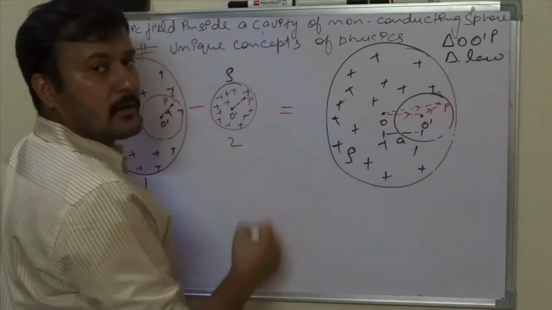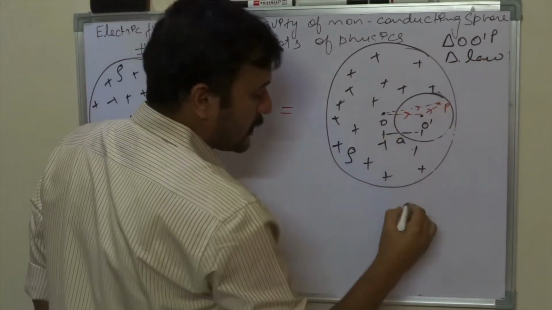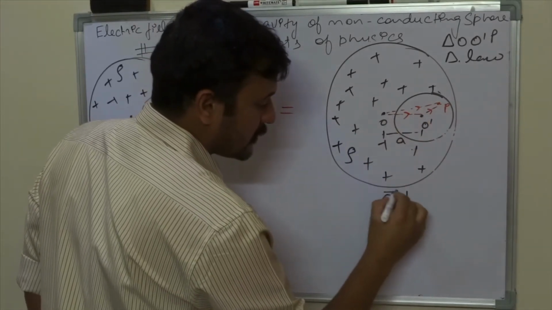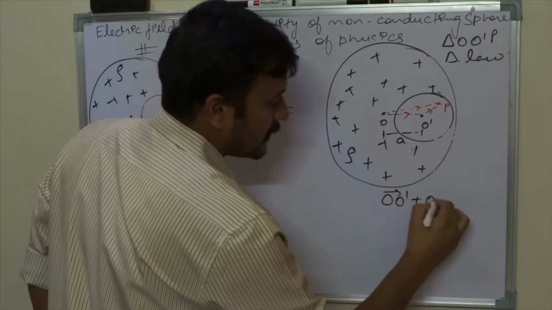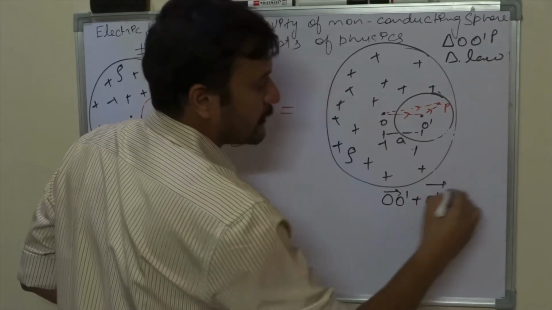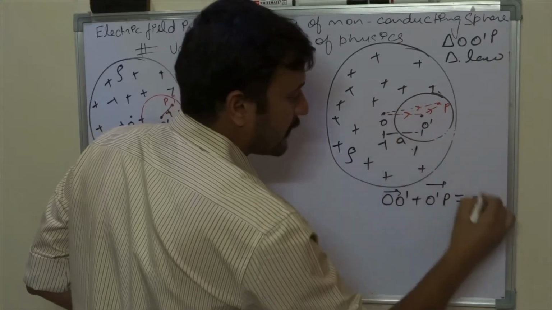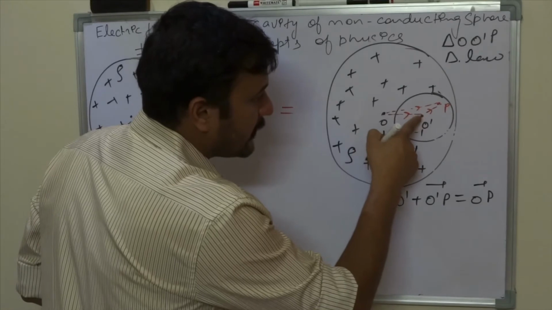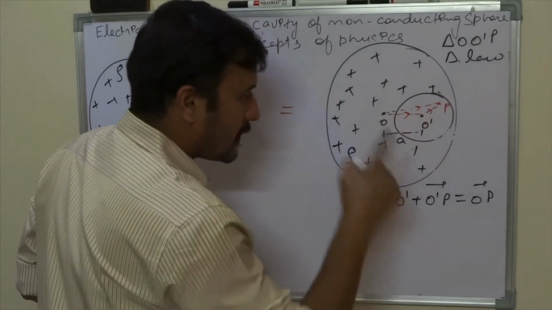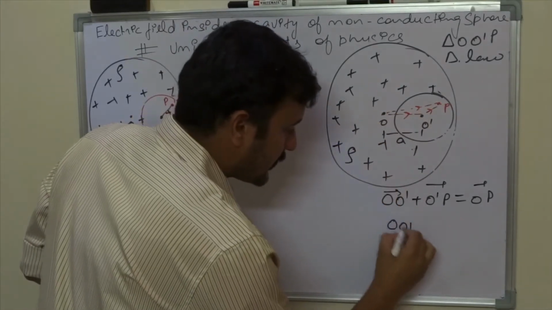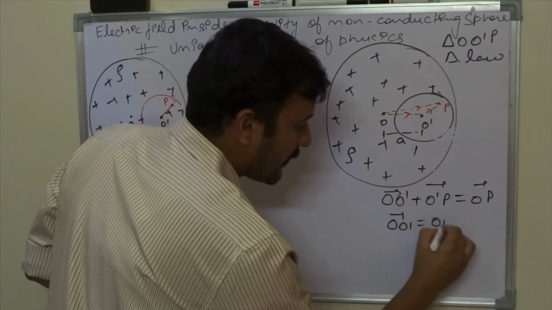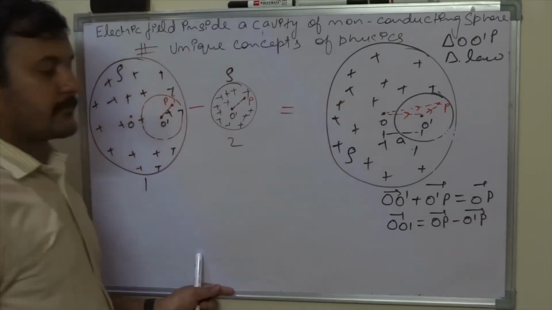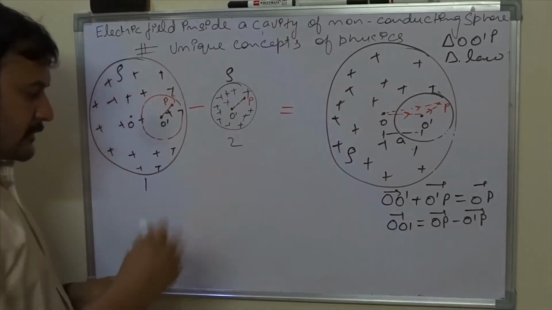According to the triangle law, I am writing here OO' vector plus O'P vector is equal to OP vector. Now OO' vector is equal to OP vector minus O'P vector. Okay, now this is one thing.